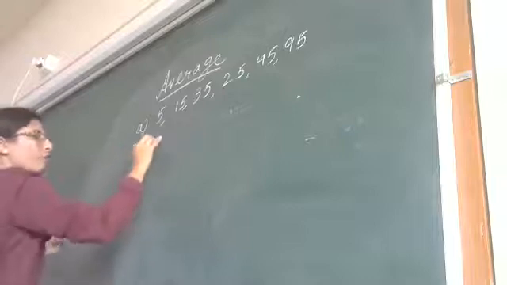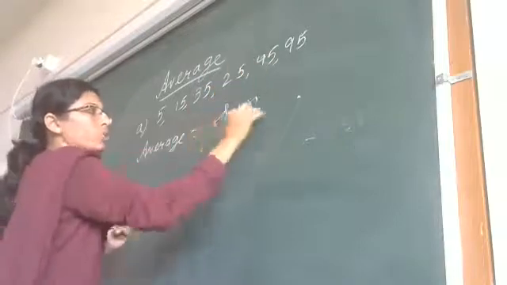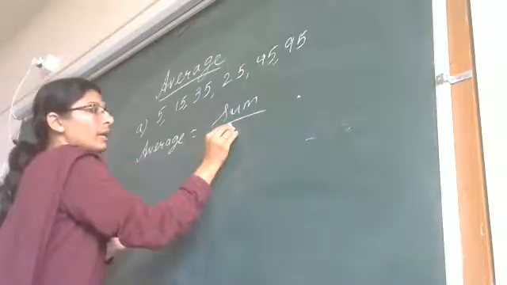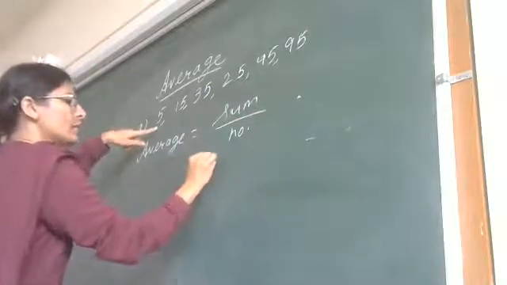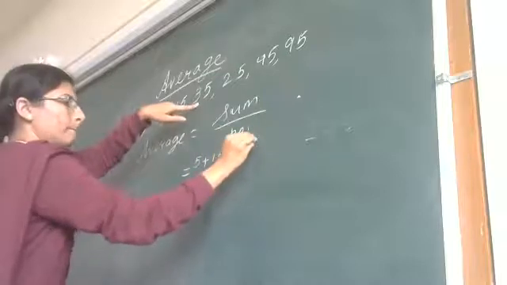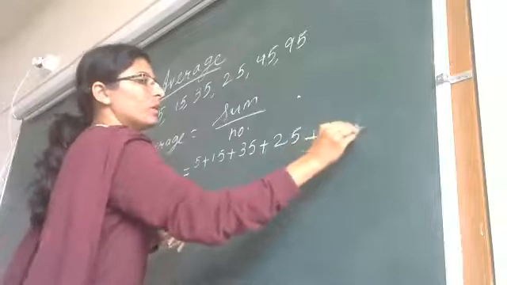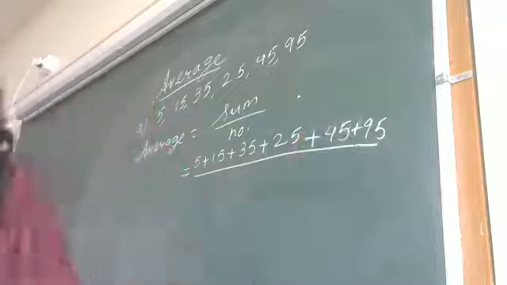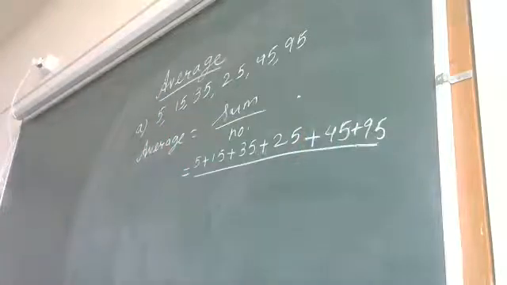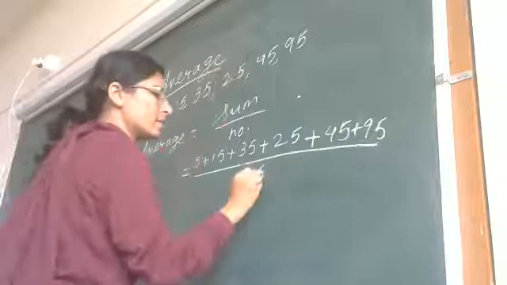So what do we have to do? We have to take the formula: average is equal to the sum of these quantities divided by the number of quantities. So 5 plus 15 plus 35 plus 25 plus 45 plus 95, divided by how many there are: 1, 2, 3, 4, 5, 6.